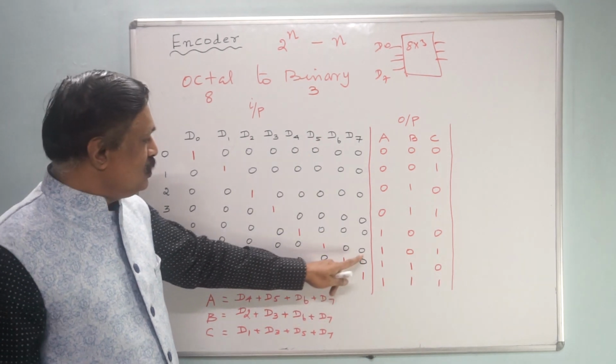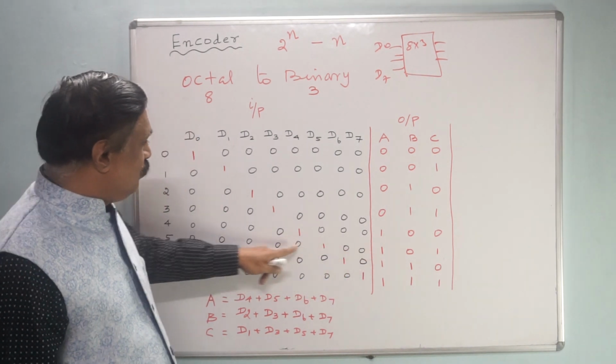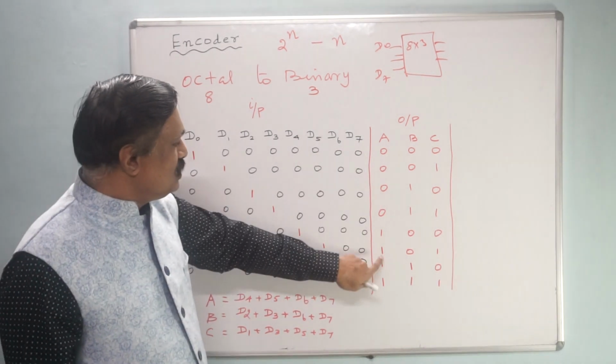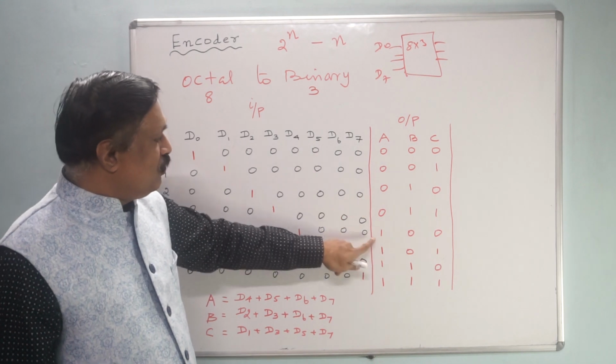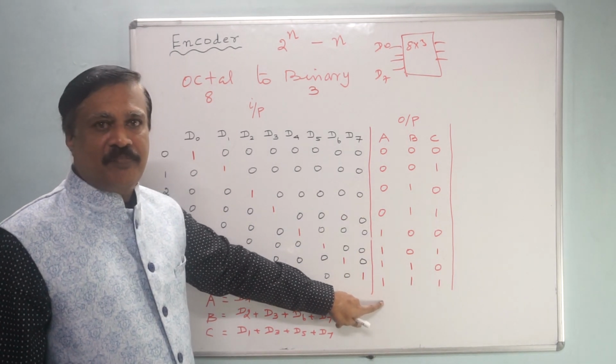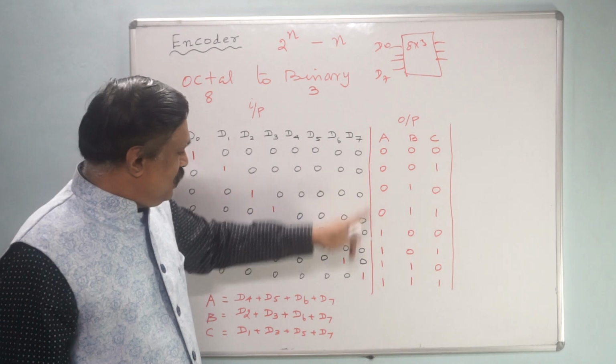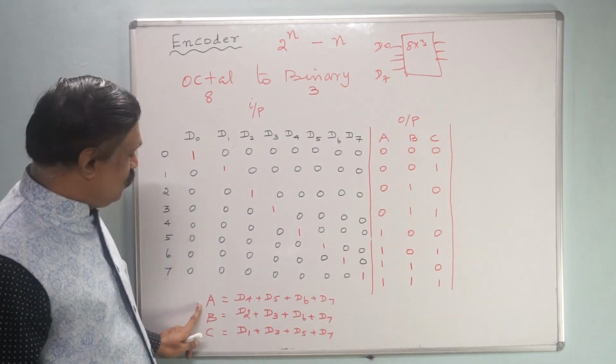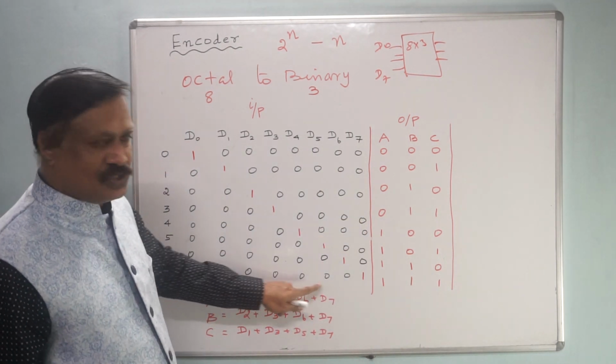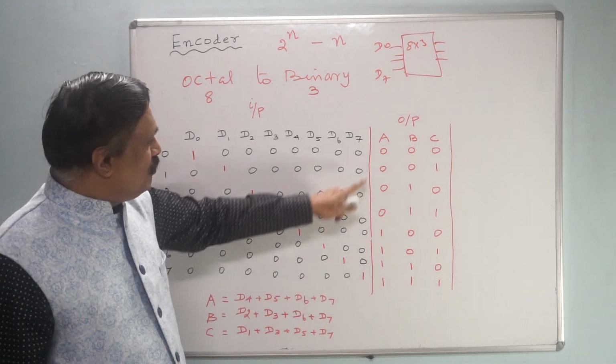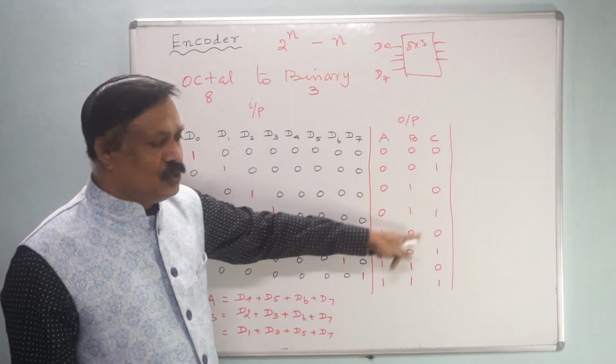That means these ones are generated for these. So we write the variable A equal to D4 plus D5 plus D6 plus D7. You understand now? Because this is the output variable 1, 2, 3.